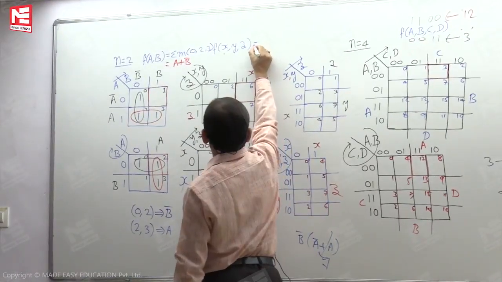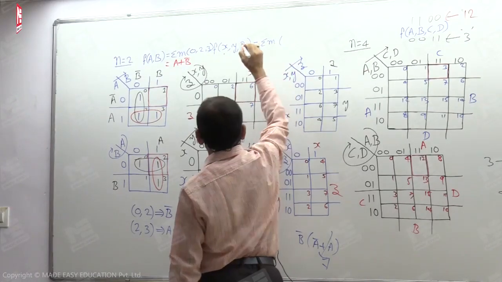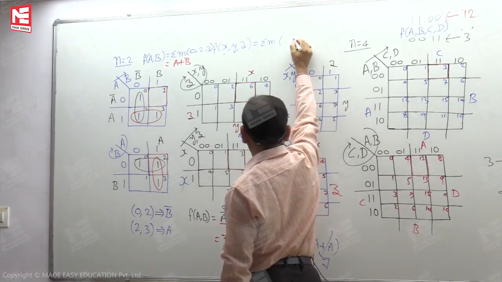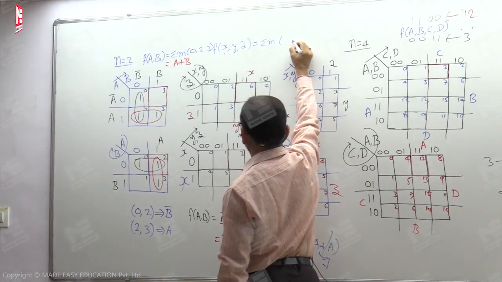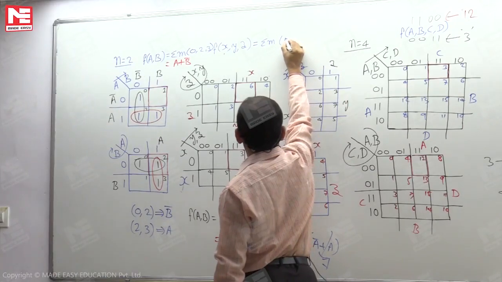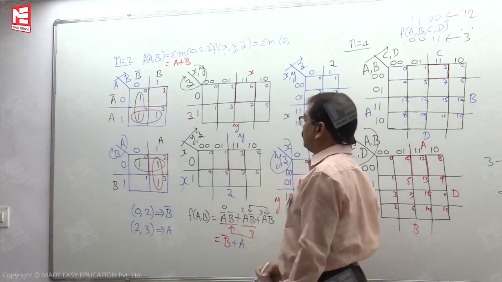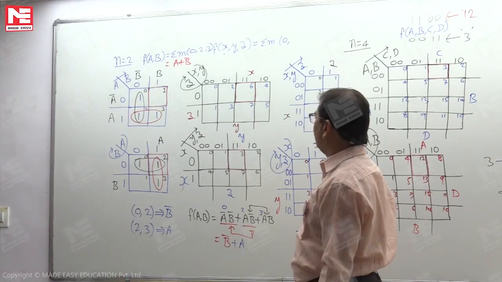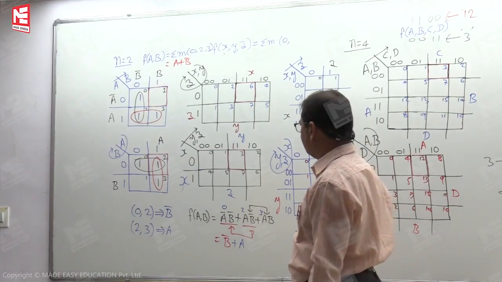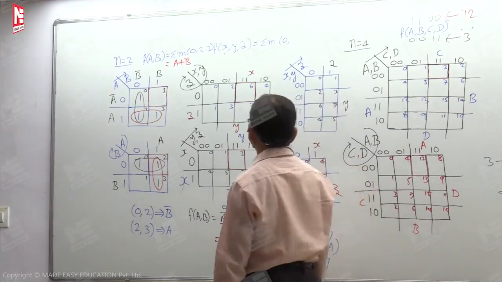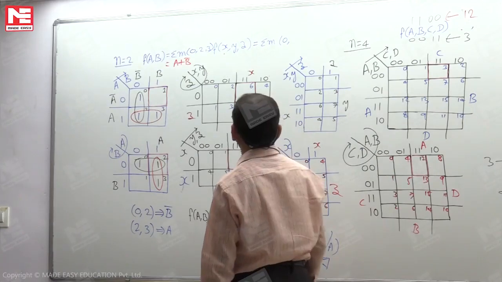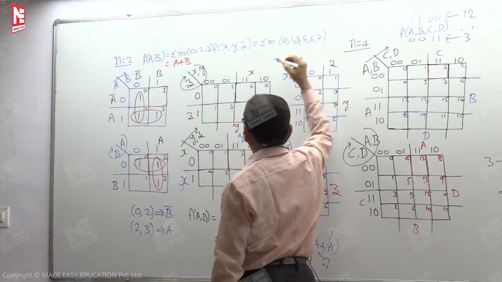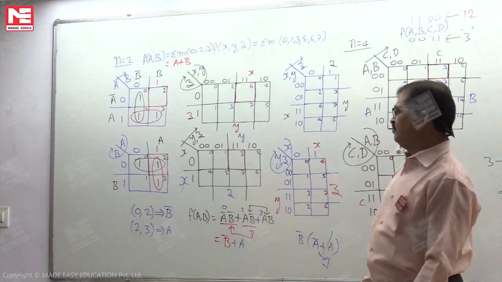Find the minimal SOP expression for the function f of xyz, with minterms 0, 1, 3, 5, 6, 7.